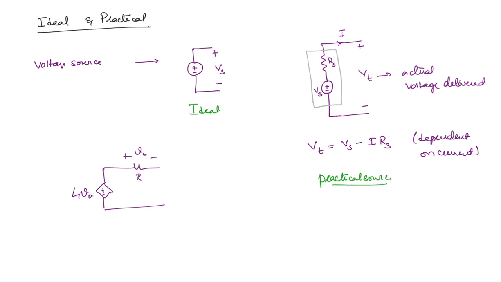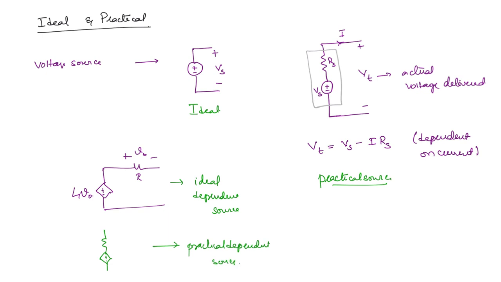Now if you take this dependent source, it is an ideal dependent source. If this voltage source has some internal resistance associated with it, then we call it a practical dependent source. I hope this is more clear to you now.